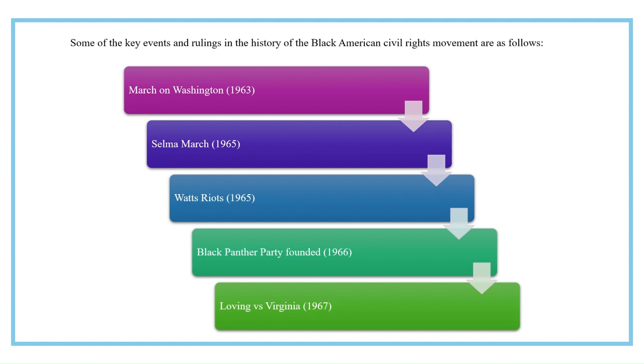Ninth, Black Panther Party founded, 1966. On February 21, 1965, prominent black leader Malcolm X, who spoke out on the civil rights movement, which contributed to the development of black nationalist ideology and the Black Power movement, was assassinated while lecturing at the Audubon Ballroom in Harlem, New York.